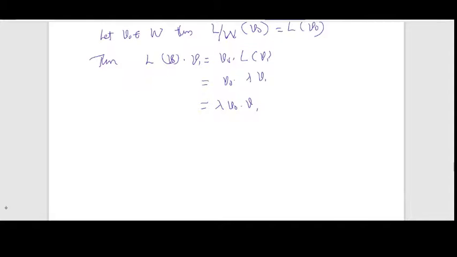Here V0 is from W, where W means the set of all V such that V dot V1 equals 0. So V0 dot V1 is equal to 0, lambda into 0 is equal to 0, and therefore L of V0 is in V1 orthogonal.